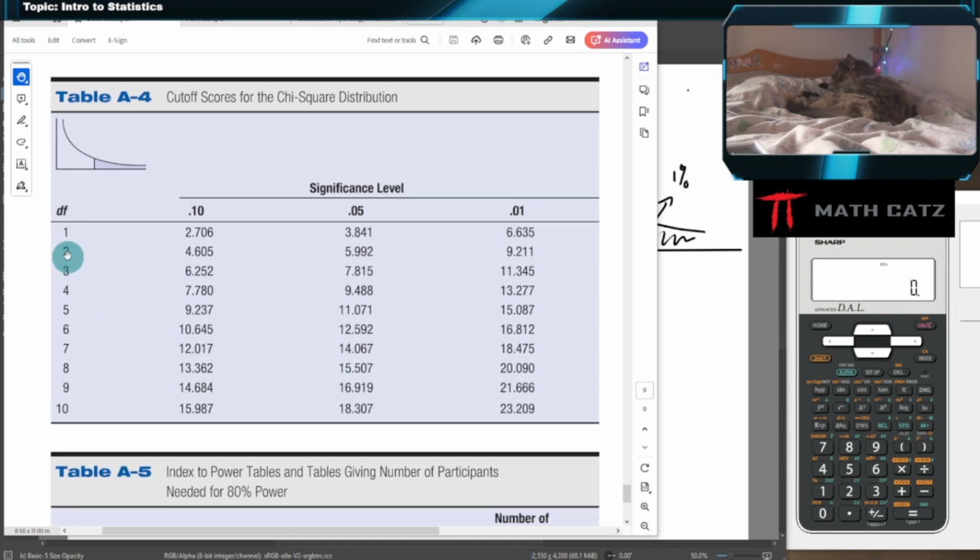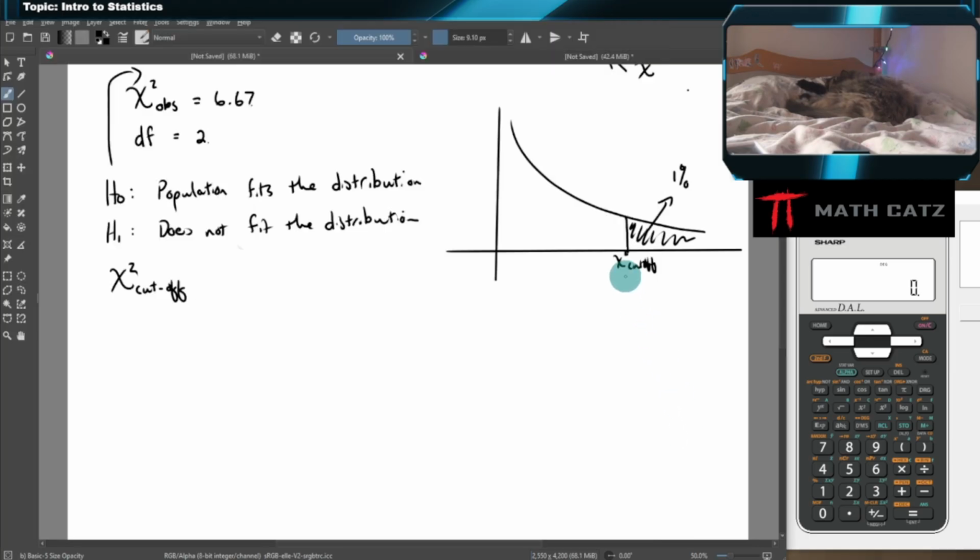So we're going to go degrees of freedom 2, 9.211. So our cutoff, 9.211. Let's write that over here, 9.211. And we got an observed that is only 6.67.